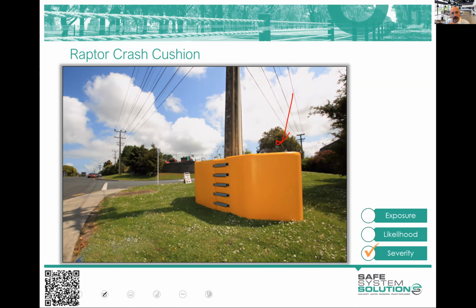But the real brilliance of it is the fact that it rotates when struck. So the angle of it here means that when a vehicle hits it, it rotates and pushes the energy along. It doesn't mean that the vehicle immediately hard stops on the power pole. So it's about thinking about how we manage the energy there.